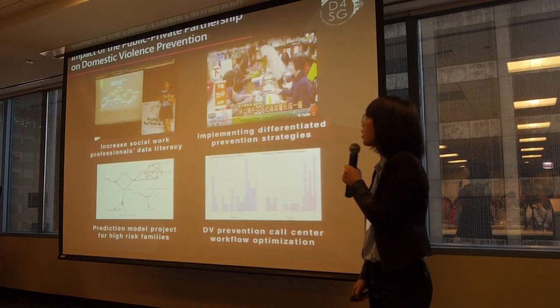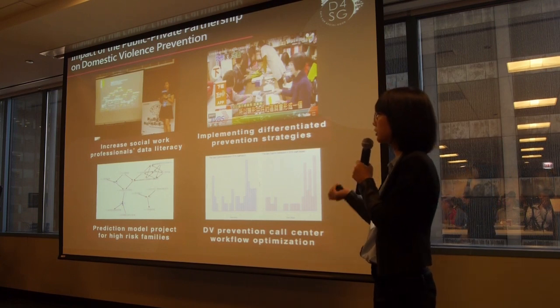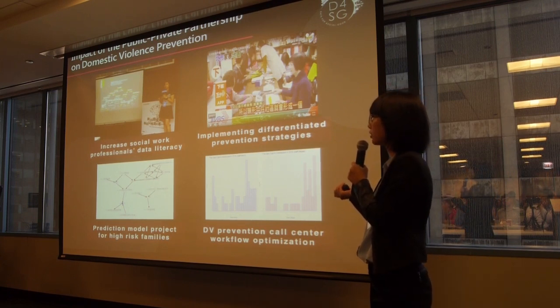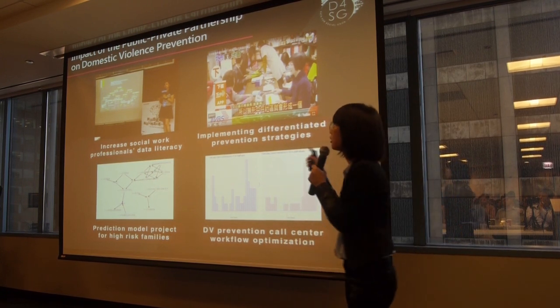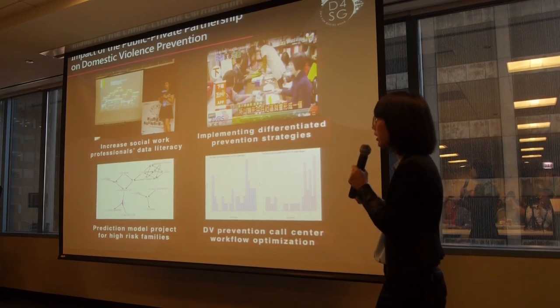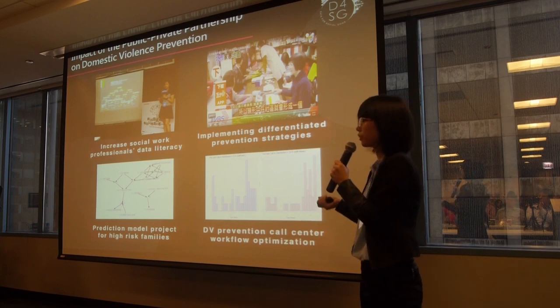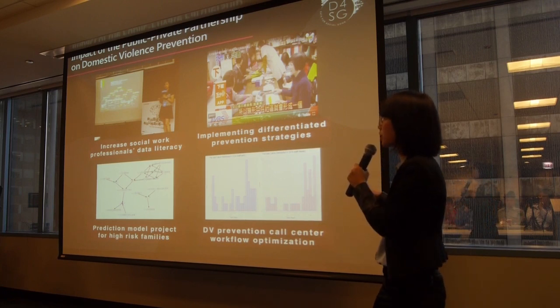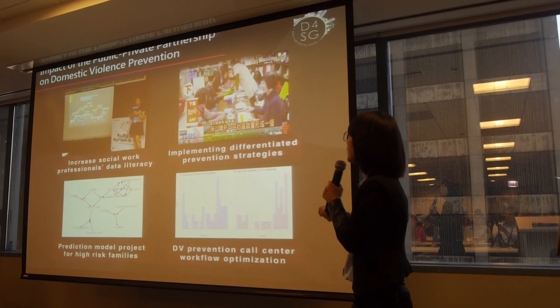The high impact of our project is, as you can see on the screen, we successfully increased social worker and professional stakeholder literacy. She is the director of the Taipei City DV prevention, and she has visited a lot of workshops to introduce our results and successfully increase the literacy.